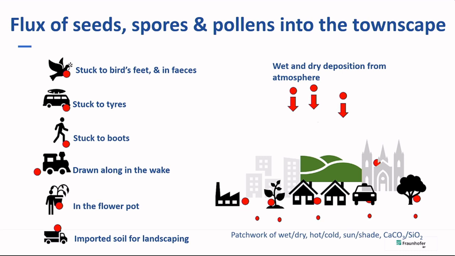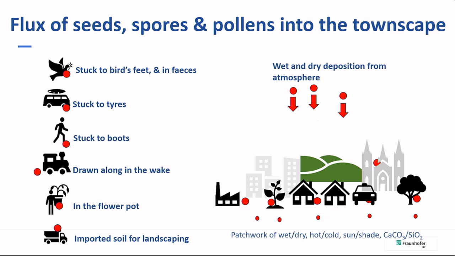But if they land in a city, it's a different matter, because the city is a patchwork of wet and dry, of hot and cold, of sun and shade, and of limestone and acidic substrates. So there's a lot of heterogeneity in a city, as we've heard this morning in all the talks.